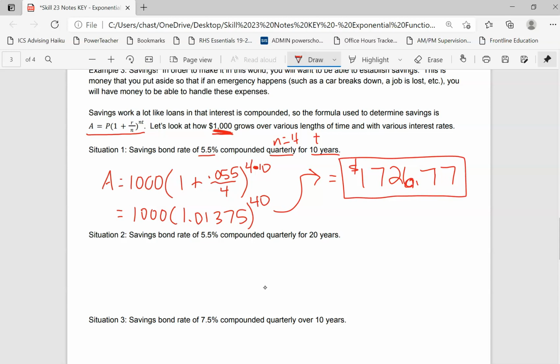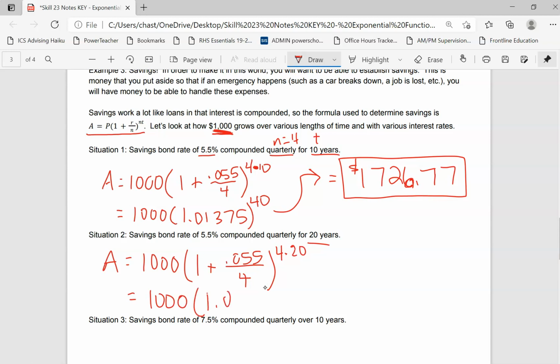So let's see what happens if we have the same rate, but we double our amount of time that's in here. So what's going to happen to this account? So everything is going to be the same. The only thing that will change is the exponent. It'll be 4 times 20. So we'll end up with this.